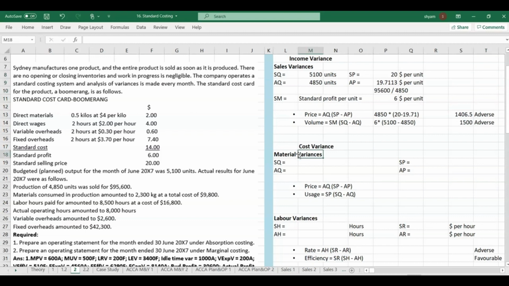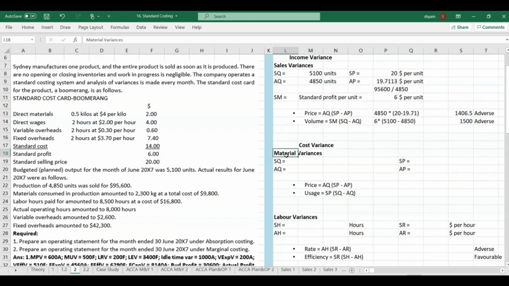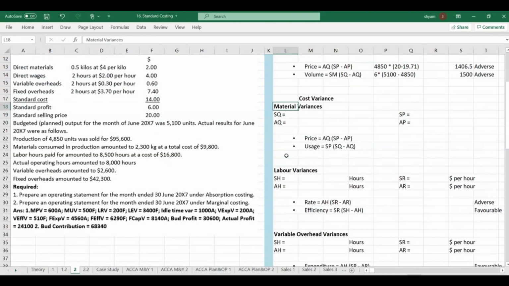Done. So we'll move on to material variance. For material variance, we need to get SQ, AQ, SP, AP. Standard quantity: it takes half a kg to produce one product, multiplied by the actual units produced, which is 4,850.